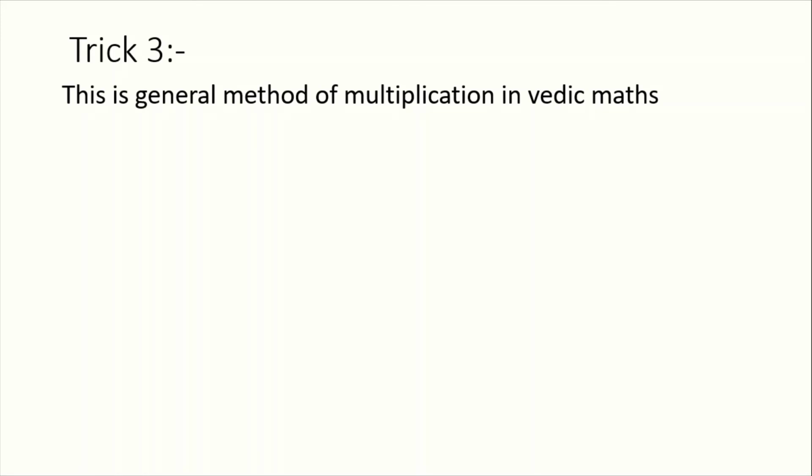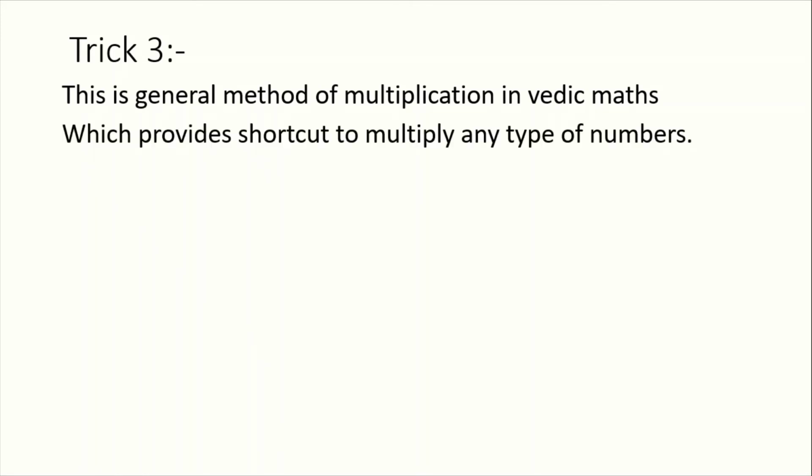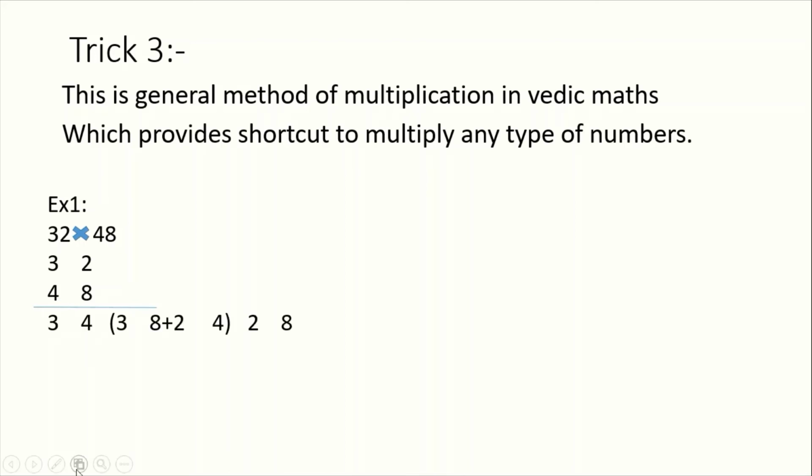We see another trick, that is the general method of multiplication in Vedic maths, which provides a shortcut to multiply any type of numbers. For example, I have considered 32 multiplied by 48. For this, we have to multiply 3 and 4 for the first compartment, which are in the tens place, as we are considering 2-digit numbers.